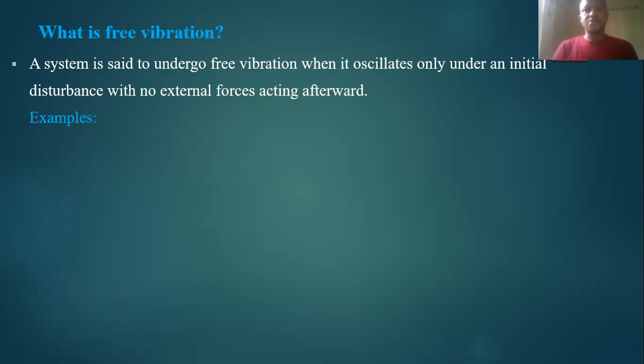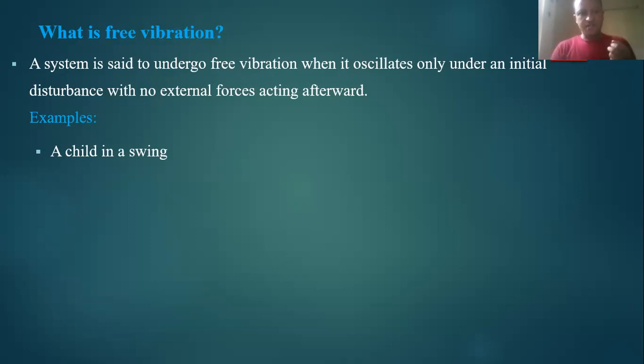So simple examples of free vibrations are, for example, the swing of children on the pendulum. For example, I can take some example here. If this is the initial position and I give some initial disturbance, this will oscillate like this.